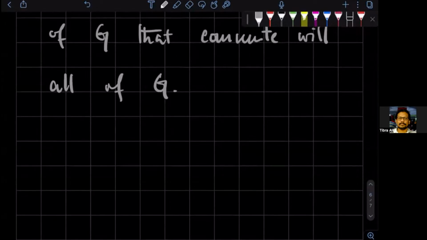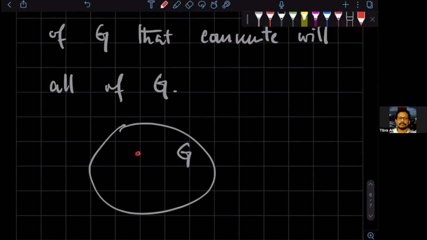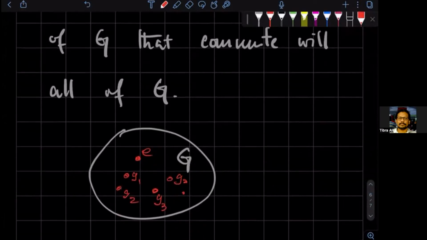So suppose that this is G, and there's of course the identity, but there are other elements such that they commute with all the elements of G. So this set is called the center.